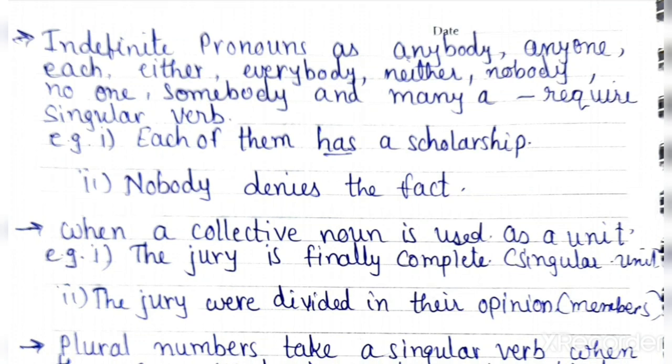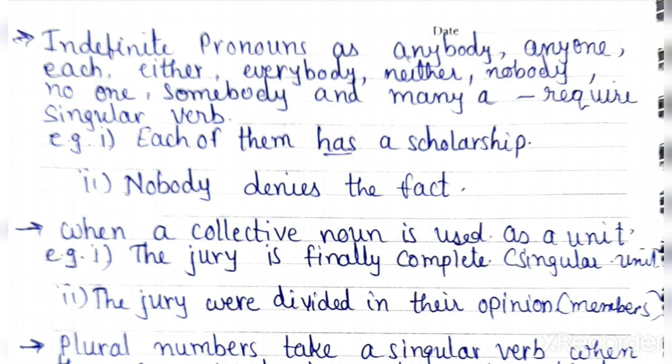Then indefinite pronouns such as anybody, anyone, each, either, everybody, neither, nobody, no one, somebody, and many a. All these words also require singular verb. Okay, in 8th standard, in previous chapter only I explained you determiners and articles, where you studied the usage of each, every, either and neither.